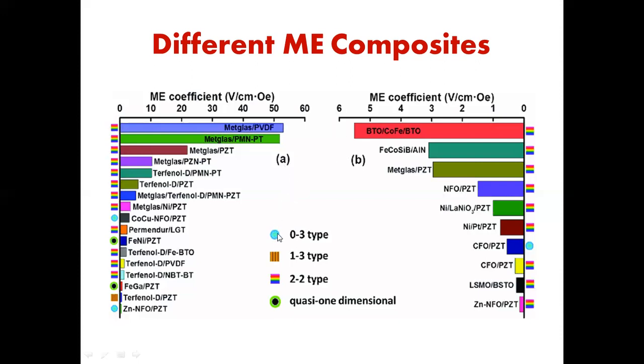This color is used for the 0-3 type of connectivity, this symbol for the 1-3 type, this for the 2-2 type, and this is for quasi one-dimensional materials. It is very clear from this diagram that a very large number of researchers have used the 2-2 type of connectivity.